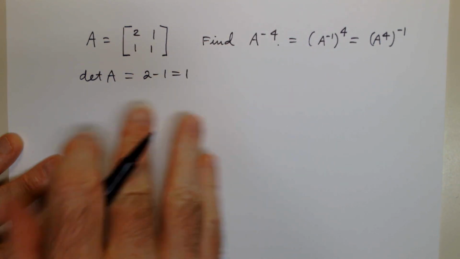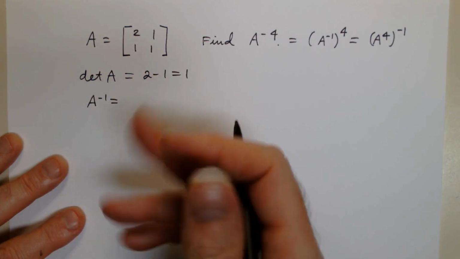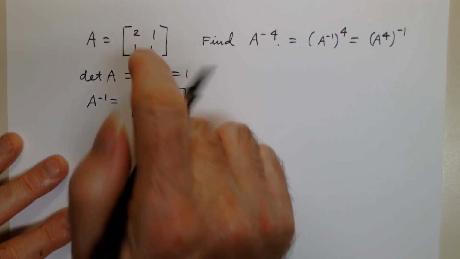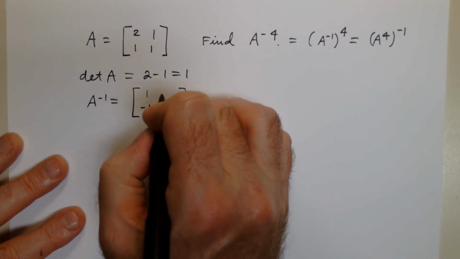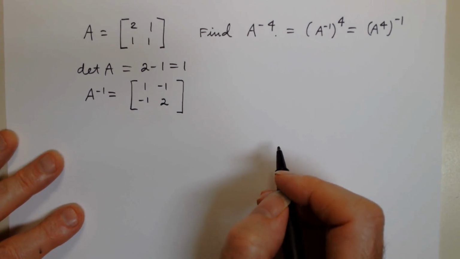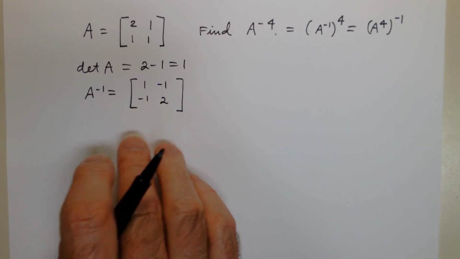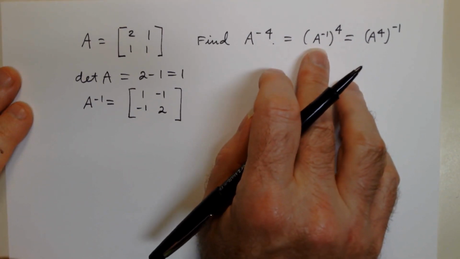It's not equal to 0, and it gives us a nice appealing inverse matrix. So it's going to be 1 over 1. We're going to switch the diagonal elements, reverse their positions, and change the signs in these off-diagonal positions. So we're off to a good start. A inverse has this fairly simple form. So this looks like it's going to be a promising approach to this problem.